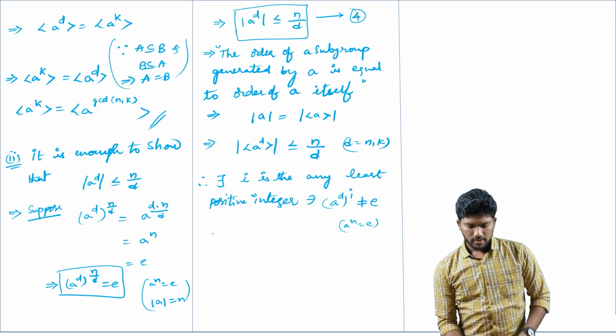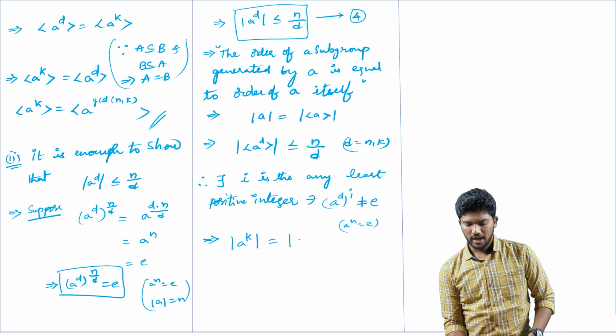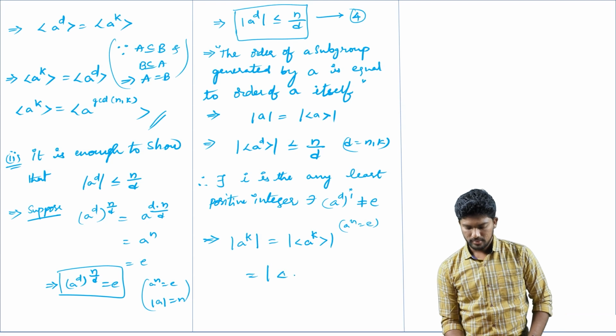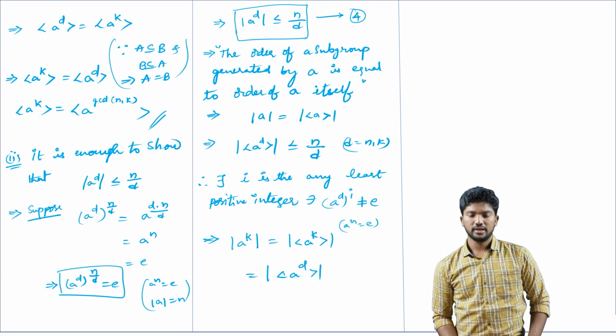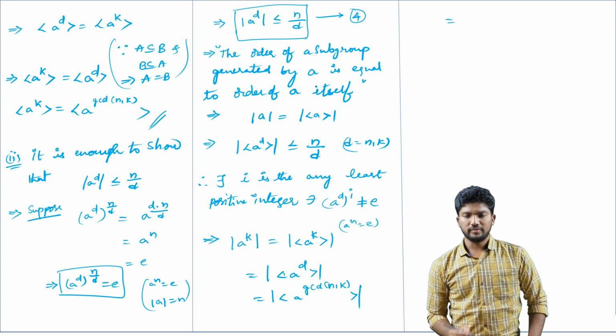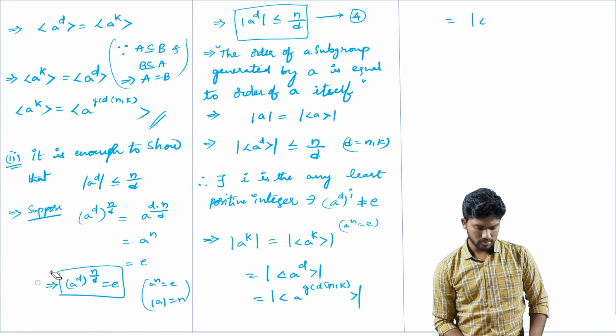Now from the property of condition number 1, we have order of a power k is equal to the order of the cyclic group generated by a power k. So in this condition, it is generated by a power d. In this place I am substituting GCD of n comma k. So from the given condition, this value is equal to a power GCD of n comma k.